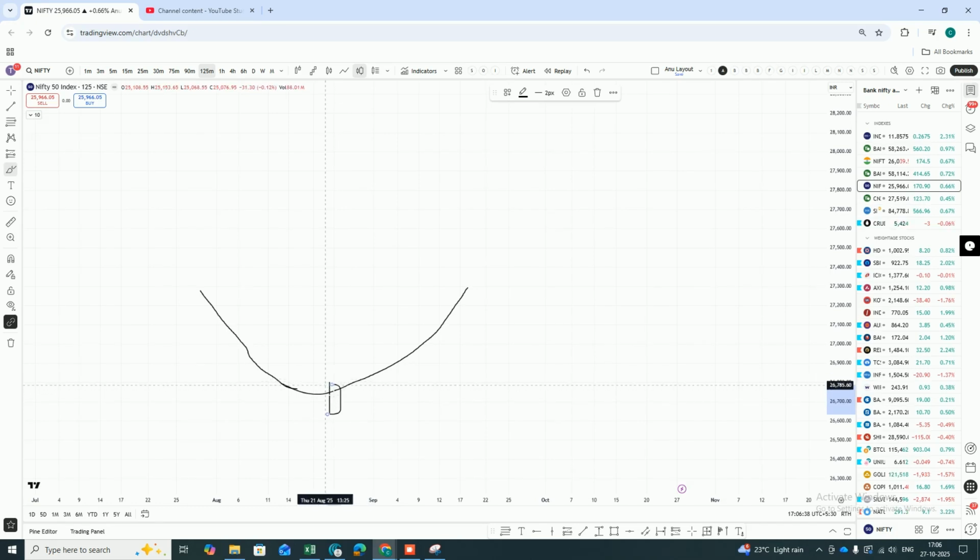This means our trend is going to change, but we are not going to enter any trade here. We will only enter when the second candle crosses the high of the first candle which closed above the 10 EMA. When the next candle crosses the high of this candle, this is nothing but an L1 buy.